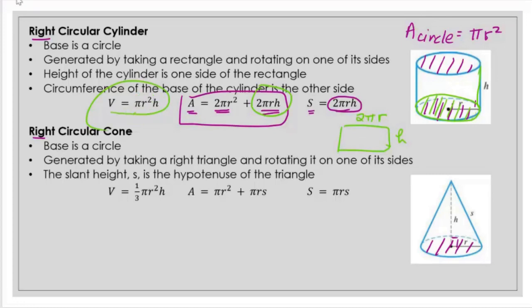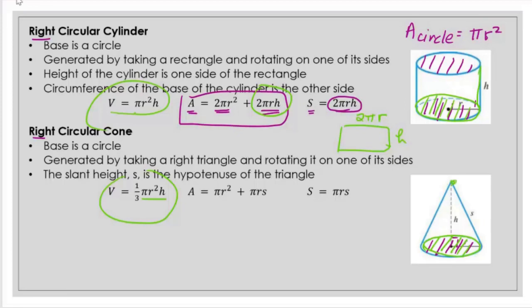Well, if you're fairly comfortable with the cylinder, the cone isn't a big deal, at least not in terms of volume. The volume of a cone is 1/3 pi r squared h. So it's once again the area of the base, which is pi r squared, times the height, so we have pi r squared h, but it turns out that a cone takes up 1/3 of the volume of the full cylinder.